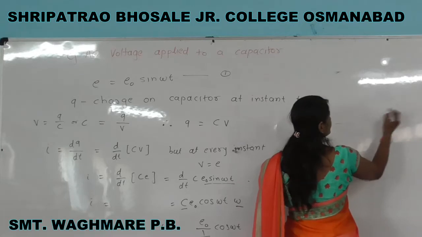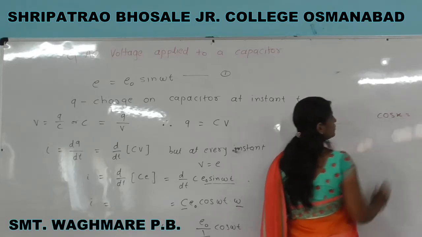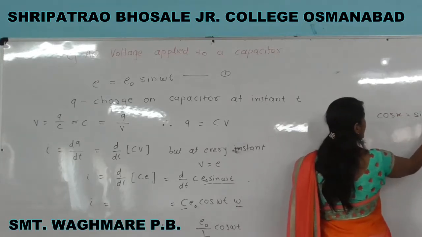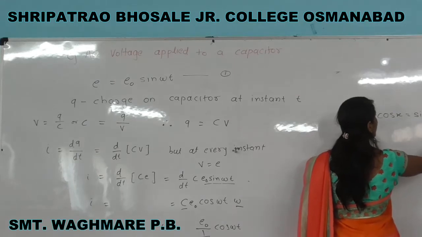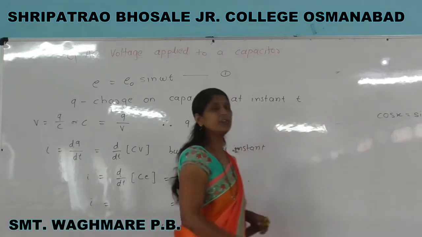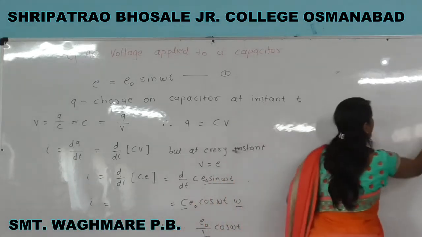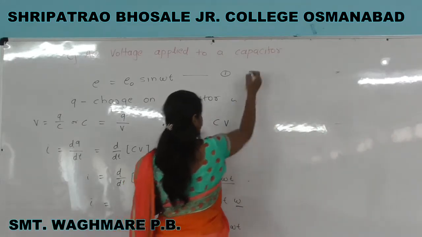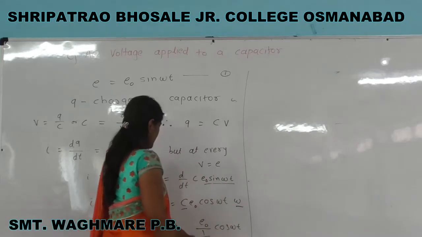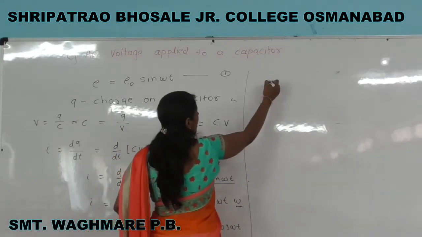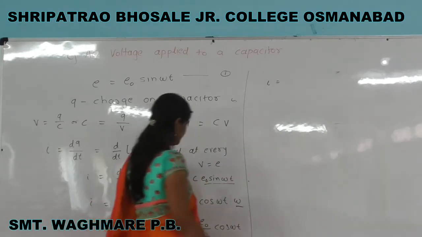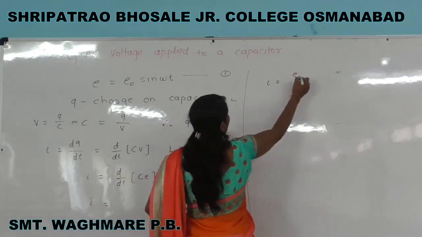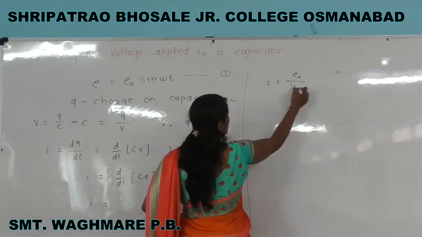We know that cos x is equal to sin of x plus pi by 2. We can use this formula here, and therefore we get I is equal to E naught upon 1 upon omega C.